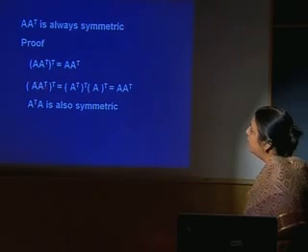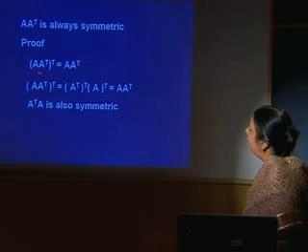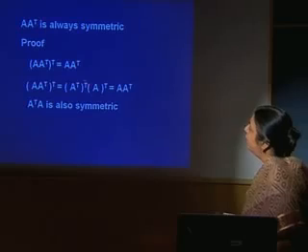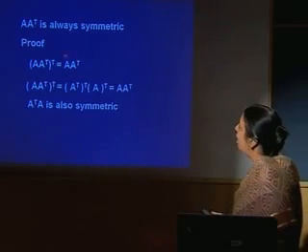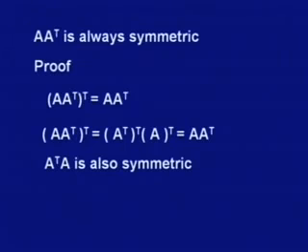Taking this as the B matrix, this is AB, so this is B transpose A transpose. So I have A transpose transpose and A transpose, but I have already proved that A transpose transpose is nothing but A. So this multiplication is nothing but A A transpose. So (A A transpose) transpose is the same as A A transpose, and that is the basic property of symmetric matrices, and hence we can say that A A transpose is a symmetric matrix.